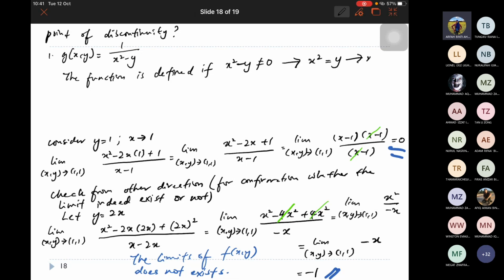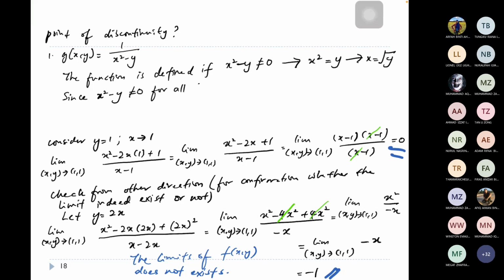Which mean x akan sama dengan square root y. Okay. So dekat mana x squared minus y ni tidak boleh sama dengan kosong. Okay. So since x squared minus y does not equal to 0, for all xy on real number except at x squared sama dengan y.